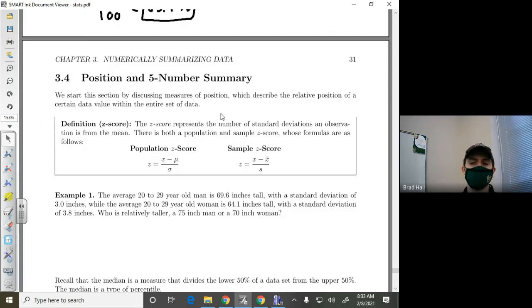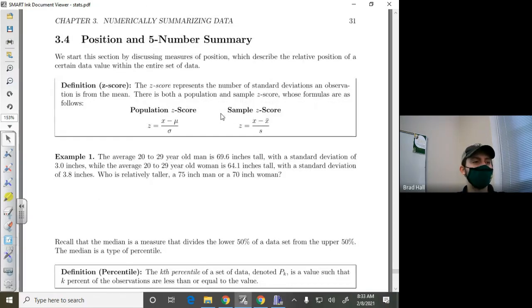Position is very much correlated with the standard deviation that we talked about previously. The standard deviation gives us an idea of the dispersion from the mean. What position represents, a measure of position, is that each data value has its own specific distance from the mean, or standard deviations from the mean, and there's a way we can determine this position.